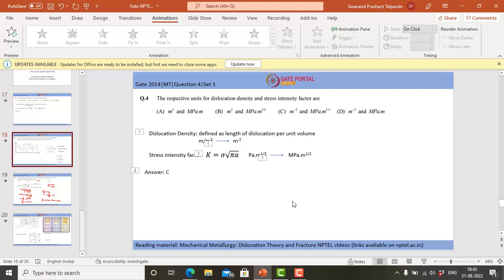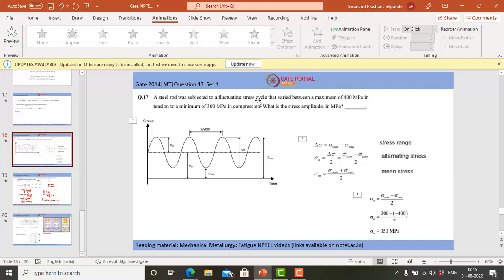And here also, in the question, I will go to this question. Here you should read the question carefully. Every question you should read carefully. Here 400 MPa was in tension and 300 was in compression. So you need to know that this is minus 300, not 300.